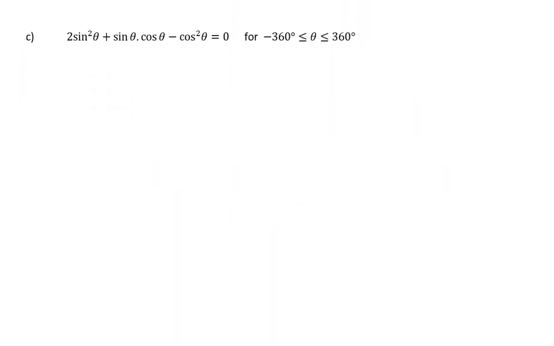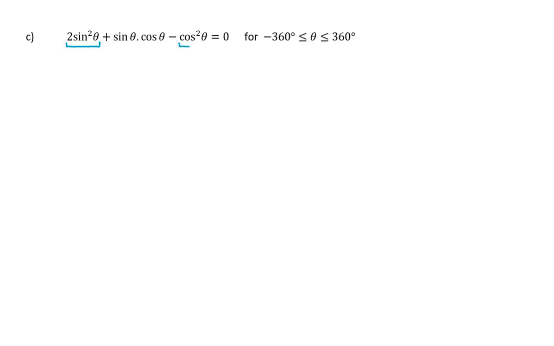Okay, so let's look at C. This is a little bit more interesting, because I see it's 3 terms and it's a mixture, but it's a little bit of a complicated mixture, because if I change this to 1 minus cos squared, I would then have a mixture of cos squareds and sine and cos and a constant, and that's not going to be a trinomial.